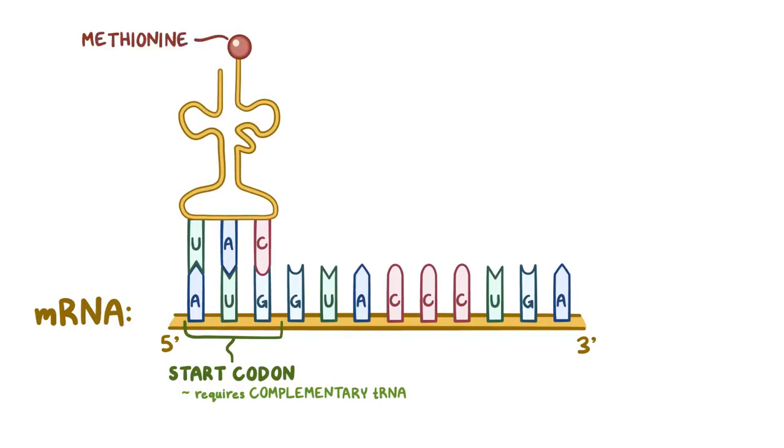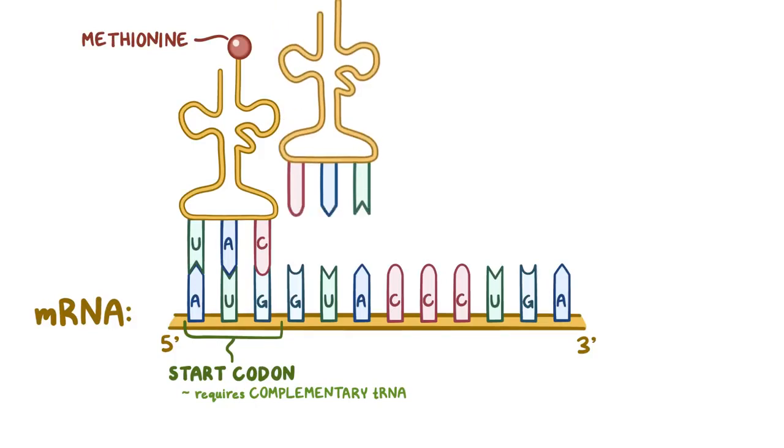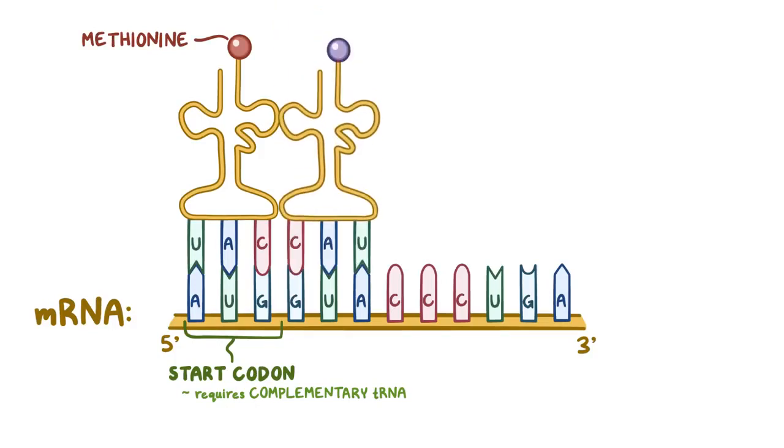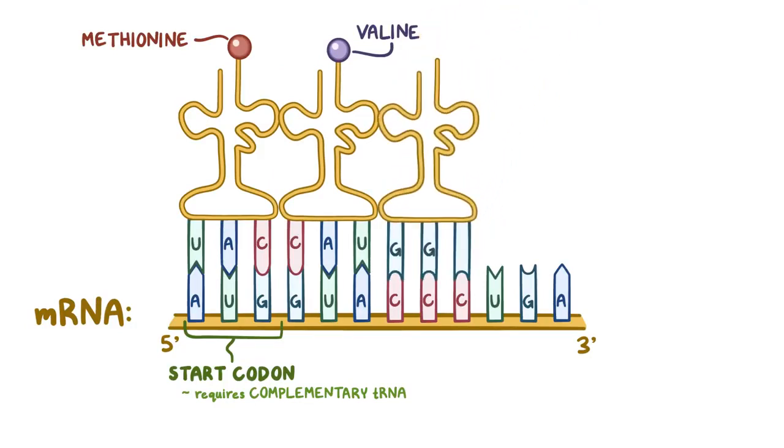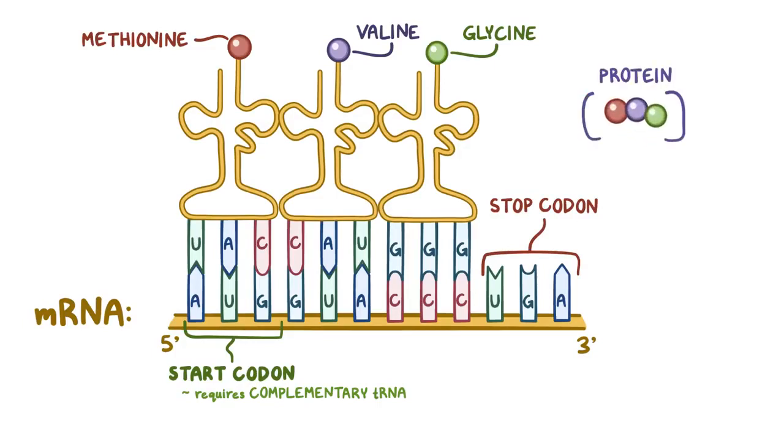Next codon, GUA, requires the tRNA with the sequence CAU, which brings a valine. The next, CCC, needs an anticodon GGG, which carries glycine. Finally, there's UGA, which is a stop codon, and translation is done. Our tiny little protein is made out of just 3 amino acids: methionine, valine, and glycine.